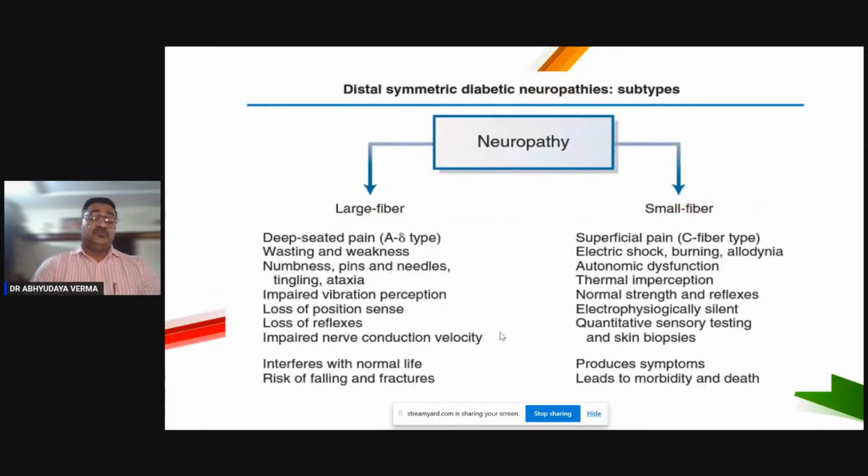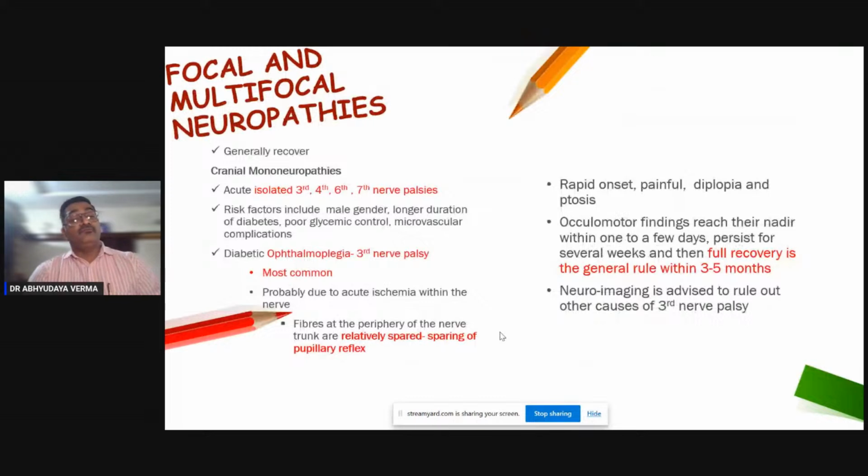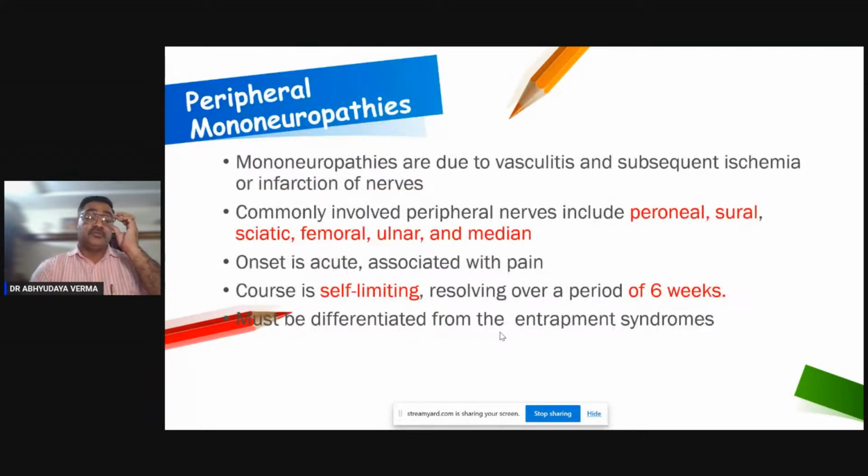And here we have large and small fiber neuropathies. We have focal and multifocal neuropathies also. I won't go into detail of this. We have peripheral neuropathies also, which can be due to vasculitis and subsequently ischemia or infarction of nerves.